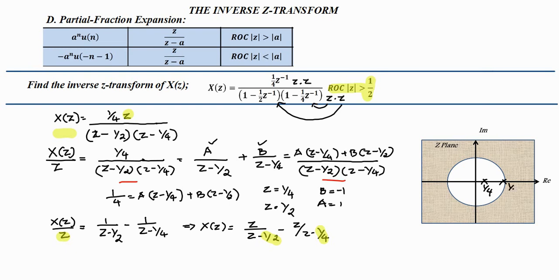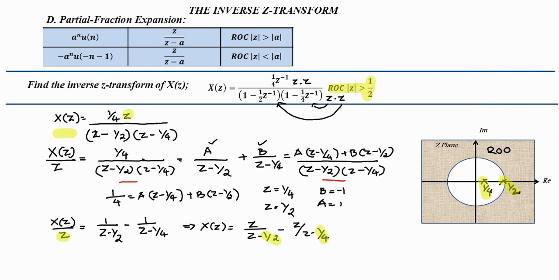Based on this you can see the ROC is modulus of z greater than 1 by 2, and in this ROC region, the pole at 1 by 4 represents causal, and the pole at 1 by 2 is also representing causal.